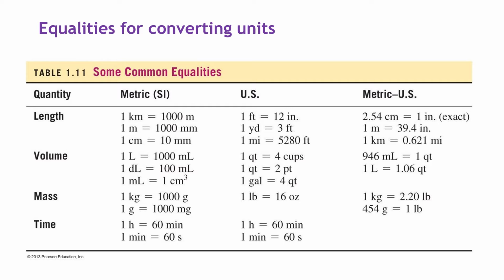So for example, if we wanted to go from centimeters to inches, we could say that 2.54 centimeters equals 1 inch. Or we could say, as highlighted here, that 1 kilogram equals 2.2 pounds. That means if you know what you weigh in pounds, you could use this equality to convert your weight to kilograms.